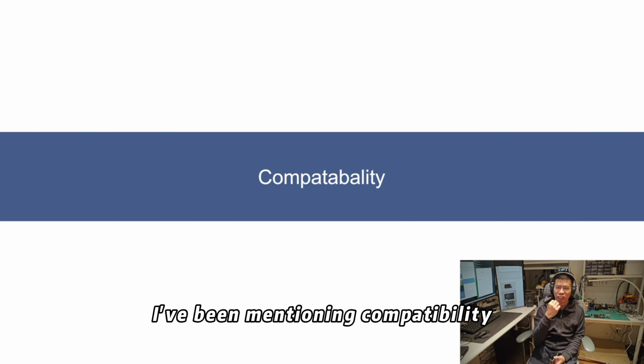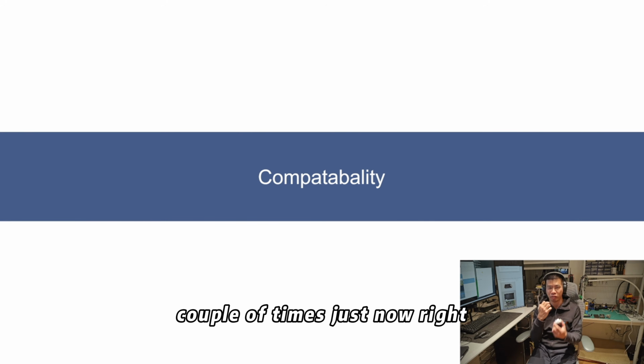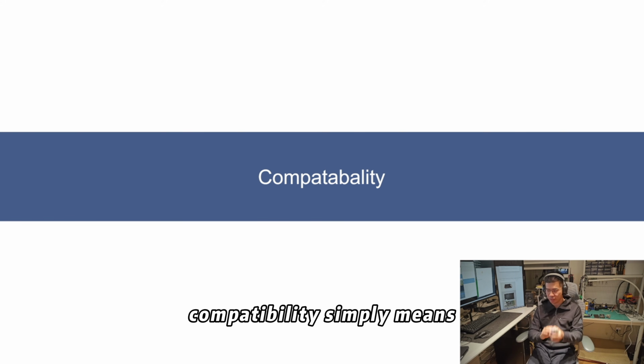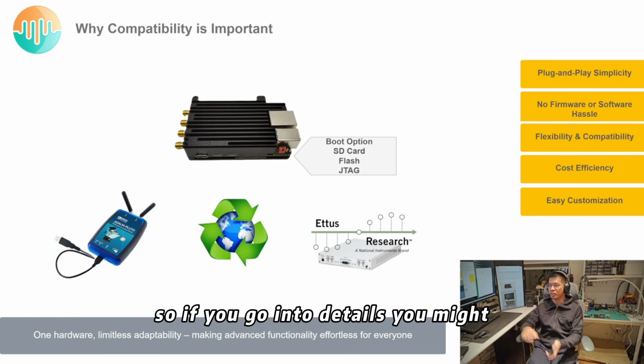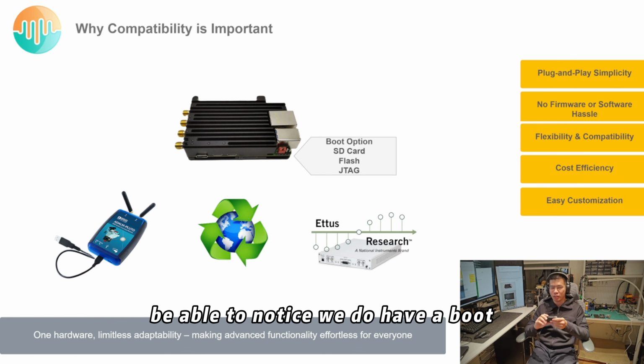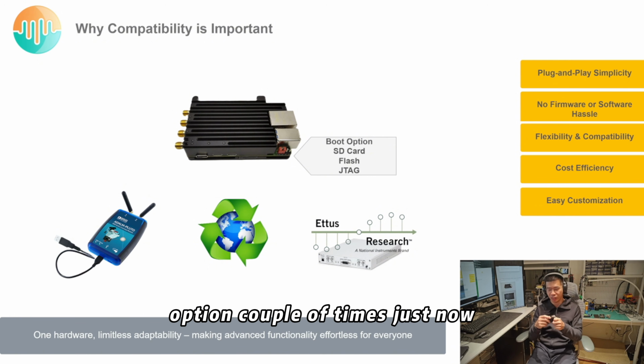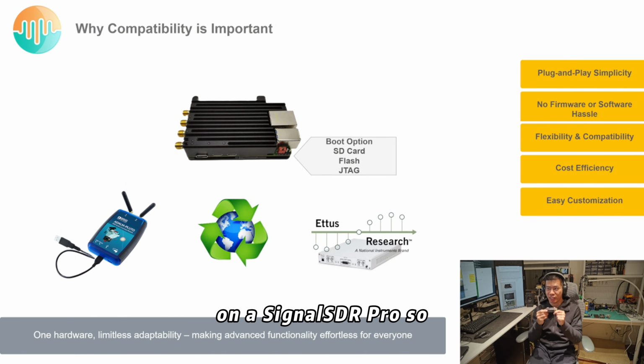I've been mentioning compatibility a couple of times just now, right? So on the previous slides. So what does this compatibility simply mean? If you go into details, you might notice we do have a boot option. We talked about the boot option a couple of times just now on SignalSDR Pro.